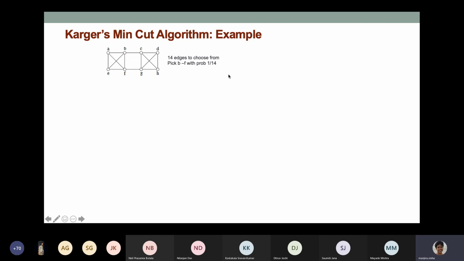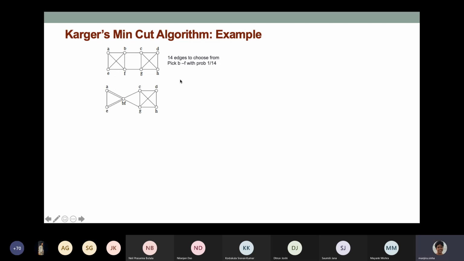Why 1 by 14? Because this is an undirected graph. If I have 14 edges, all the edges are equally likely, so picking any of the edges is also equally likely. Now say I just pick one of the edges, B to F, with 1 by 14.